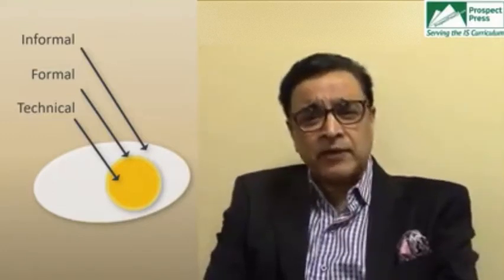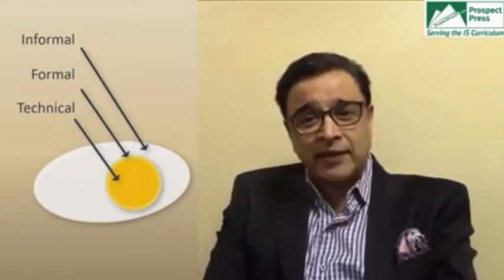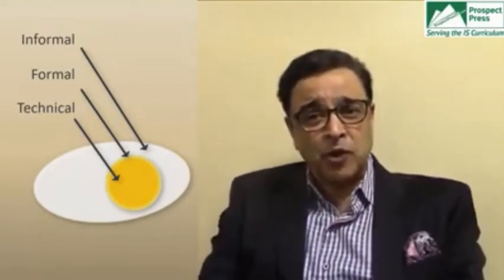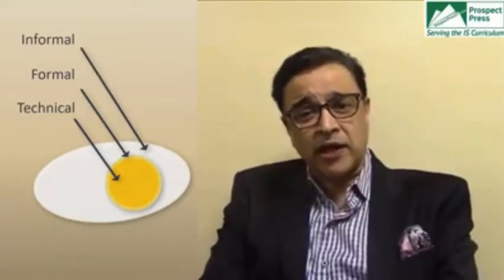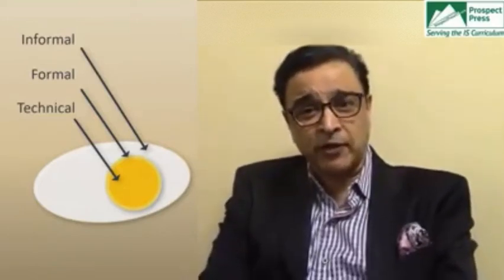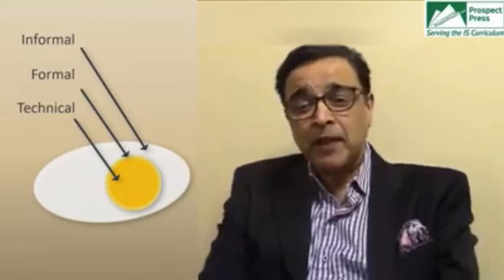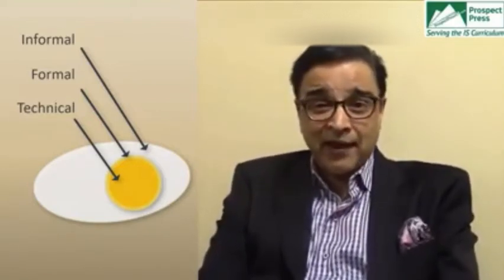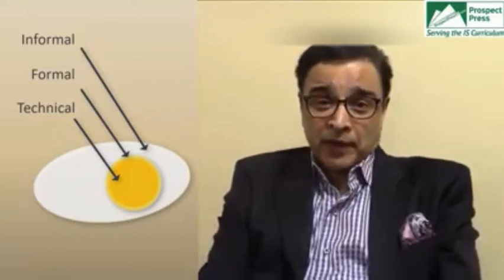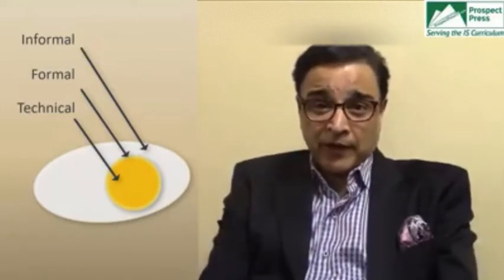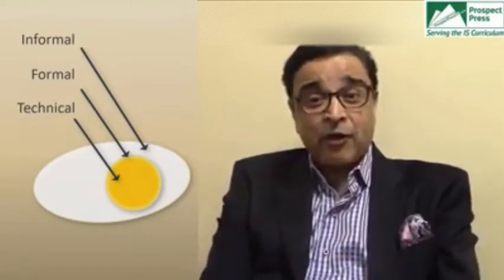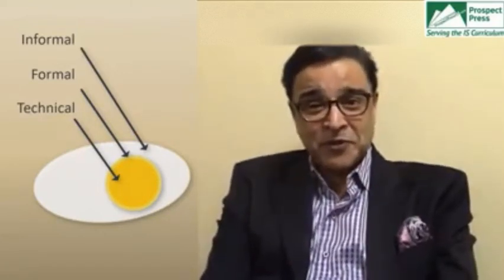In order for us to be technically very secure, you need a structure of rules and responsibilities and accountabilities around that yolk, which is going to ensure the protection of the information assets of a firm. Now, the yolk of an egg and the albumin layer, on their own, can't stand. They need to be incorporated in a culture, in an organizational setting where people are interacting with each other, and I call that the white of an egg, the informal aspects of information security.